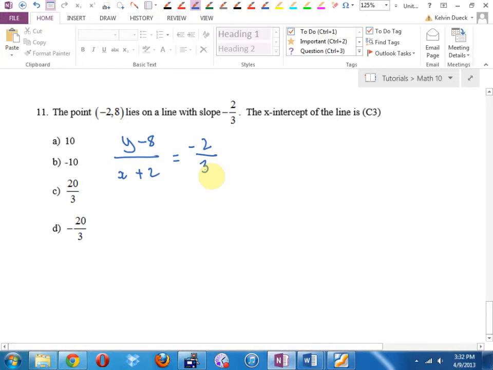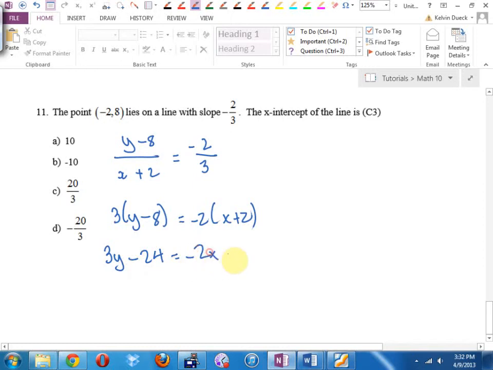Is that okay so far? Cross multiply. 3y minus 24 equals negative 2x minus 4.